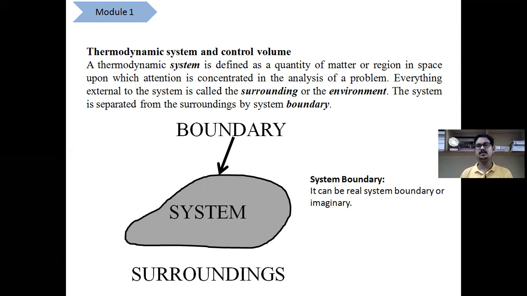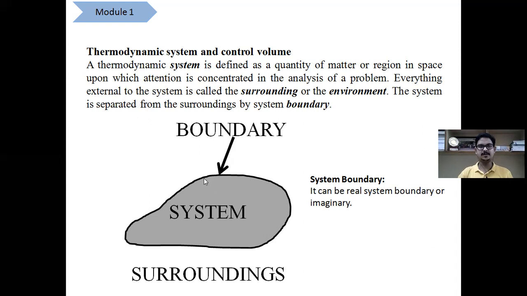So basically anything which is taken for observation, which is a part of space and which has some mass, is defined as the system. Here in this figure you can see one system, which is separated by a boundary.